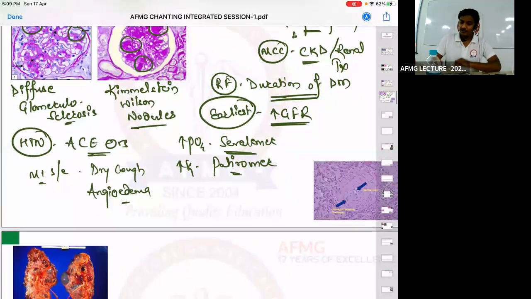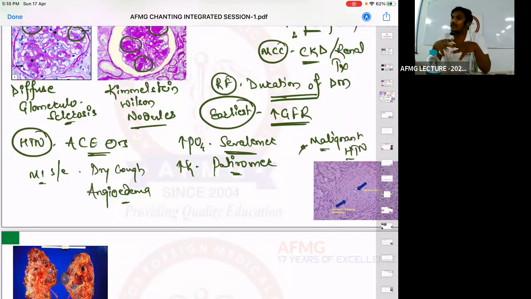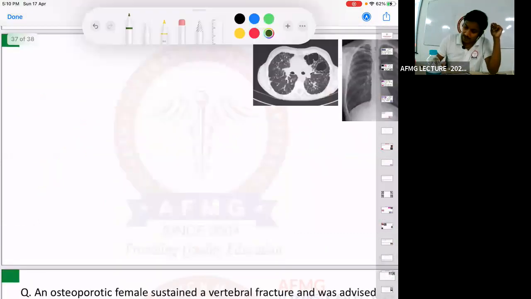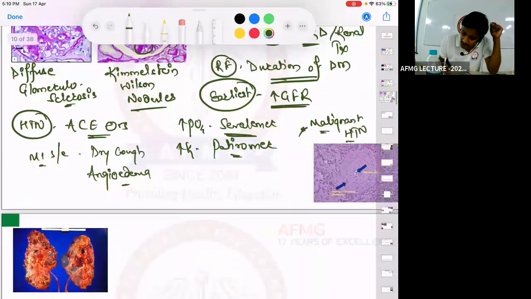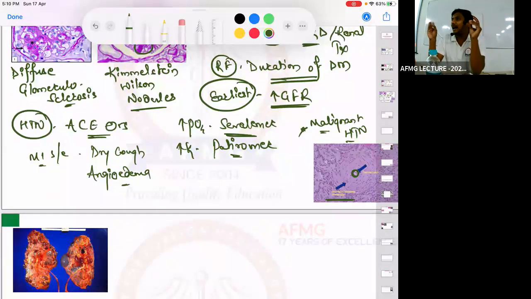Then now if a patient of malignant hypertension comes to you, that means the patient is in hypertensive crisis. BP more than 180 or BP more than 200 usually, right? In this, what can be seen? In the kidney biopsy, we can see there would be narrowing of the arterial lumen and thickening of the arteriolar wall.